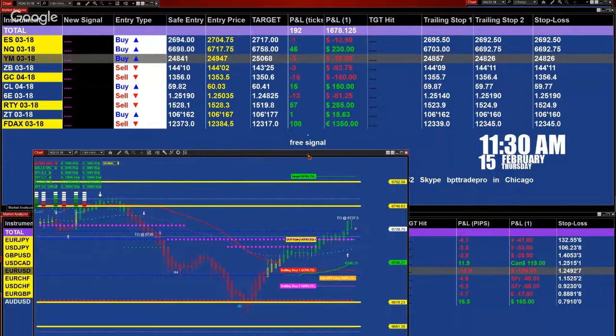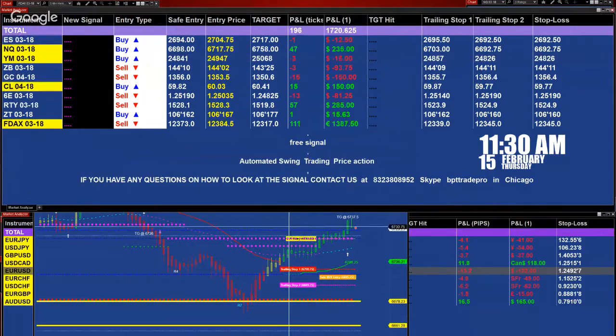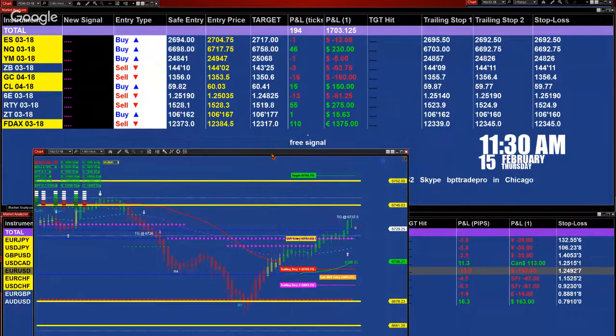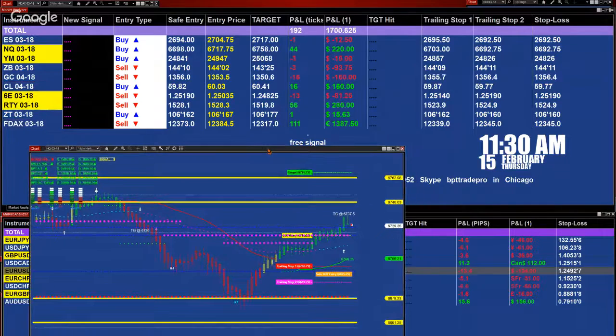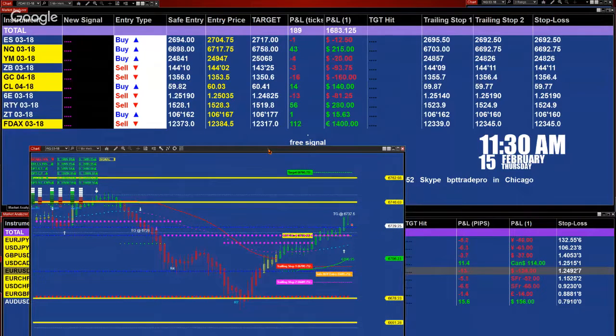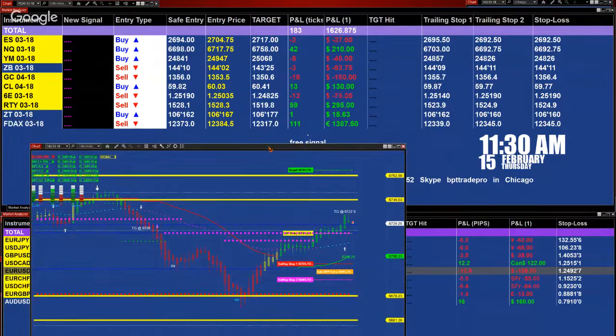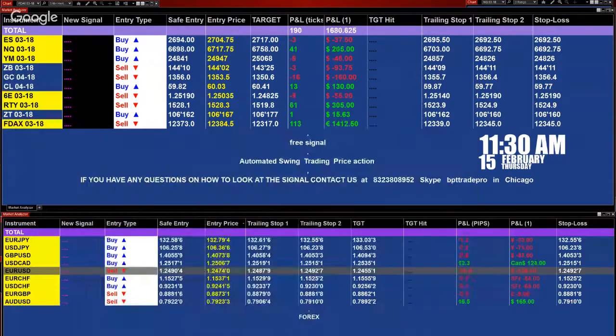I have one of them off. I think it is because of the bar close. I will fix it. I think the chart or the market analyzer is on the bar close, so there is a couple ticks difference. I will fix that, no problem.